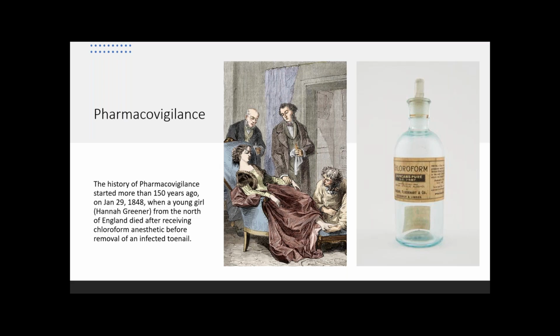Unfortunately, in this case, this lady died during the apparently safe procedure, and that was the start date for what we now call pharmacovigilance, and the first time doctors were aware of the importance of drug safety.